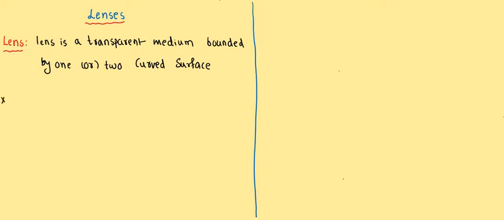Now, lenses are basically three types, sorry, two types. Lenses are of two types. What are they and how do they look? One is the convex lens.